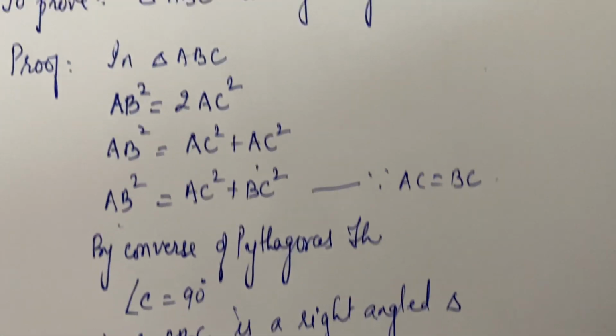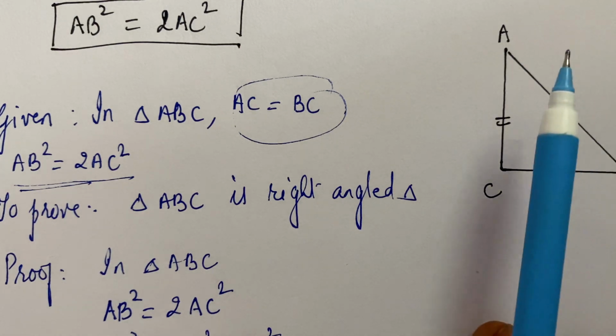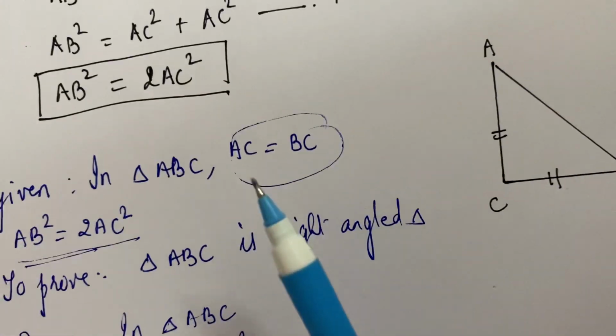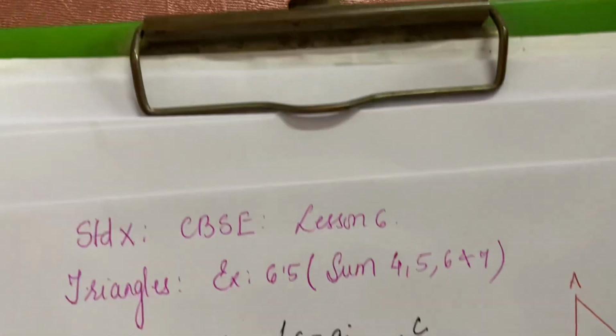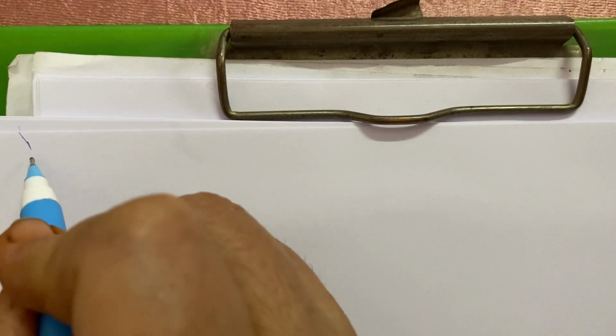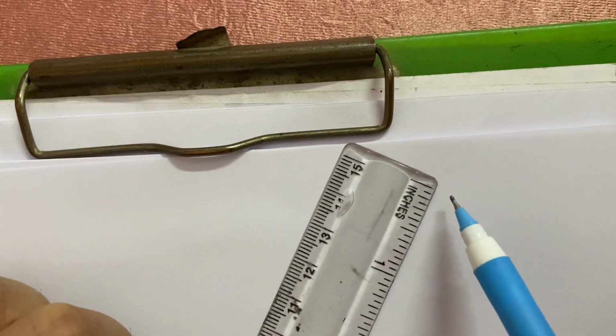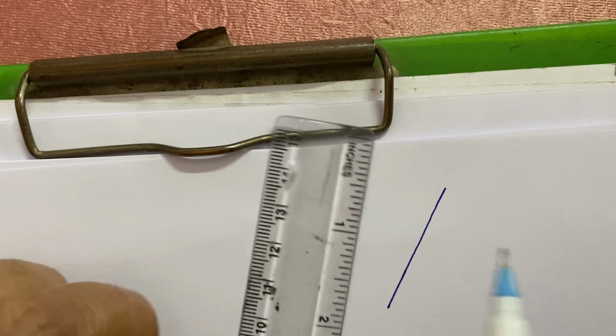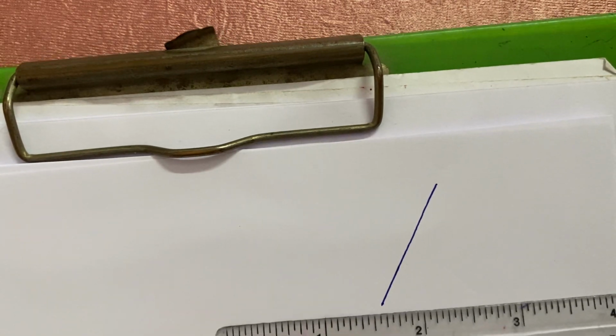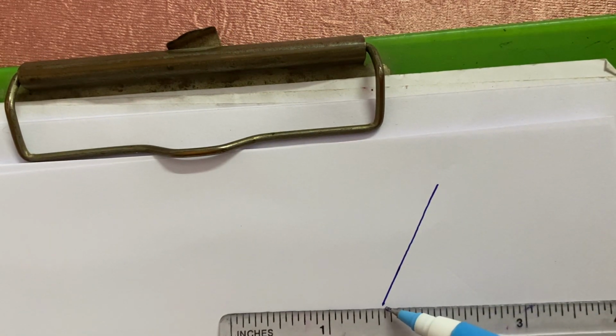Okay, so now we move on to sum number 6. In question number 6, we have been given that triangle ABC is an equilateral triangle with side 2A. An equilateral triangle is a triangle having all the three sides of same length.